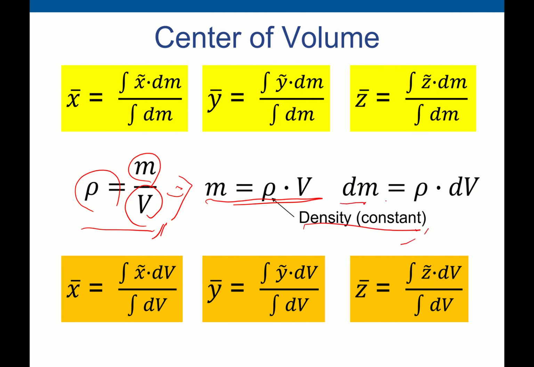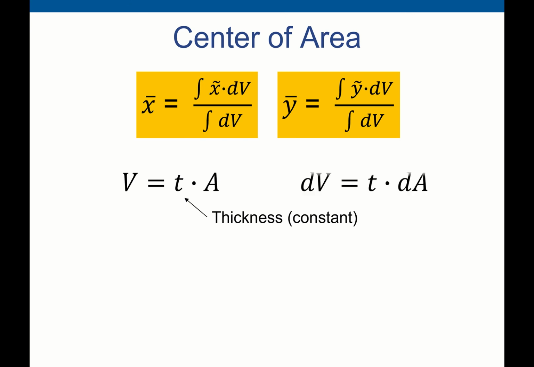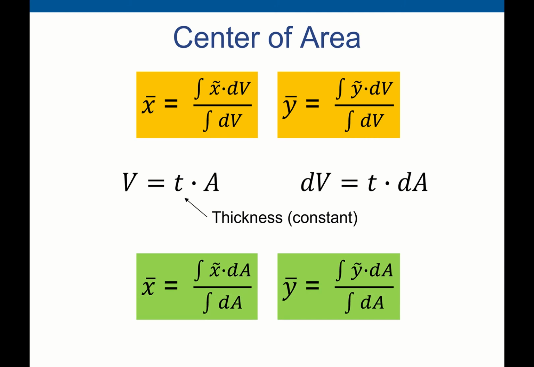So differential mass is equal to rho times differential volume. Now we can just change the differential mass to differential volume in the numerator and the denominator. That's pretty easy. Another one: we want to know the center of area. Volume is area times height. Let's say height is the thickness in this case, and we can consider it also a constant. So we can change dV to dA.